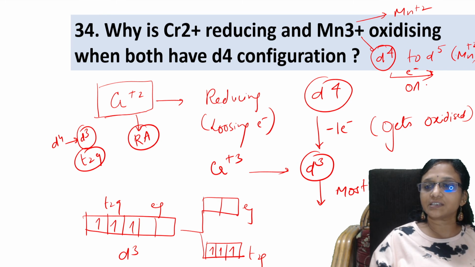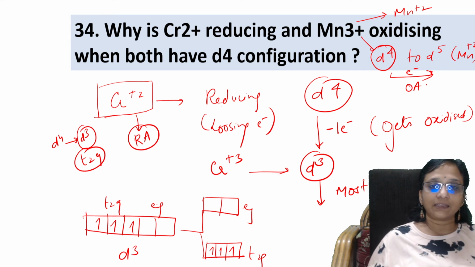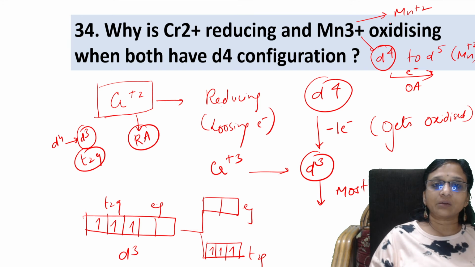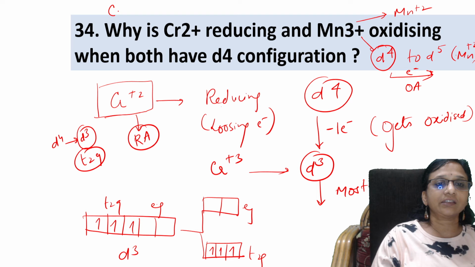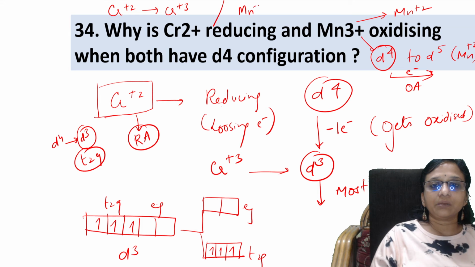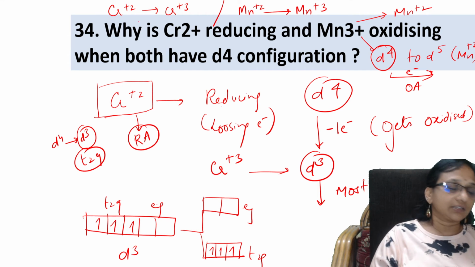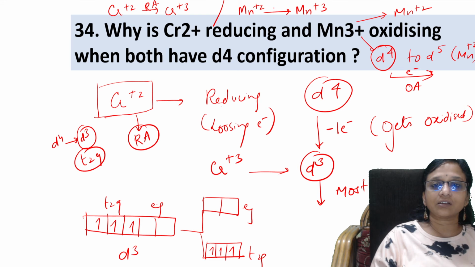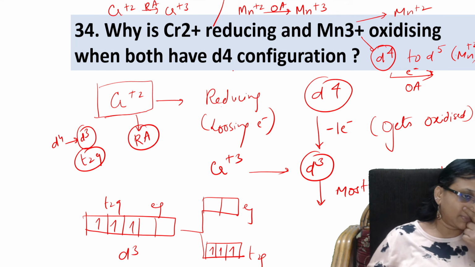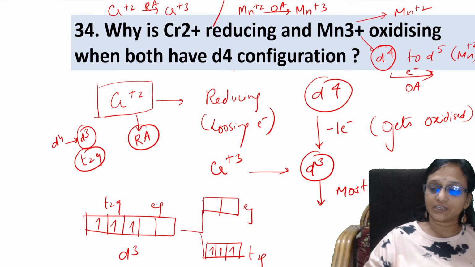It is an oxidizing agent. That means Mn plus 3 will become Mn plus 2, and Cr plus 2 will get converted to Cr plus 3. Losing electrons is a reducing agent, gaining electrons is an oxidizing agent. Perfect answer. Next question.